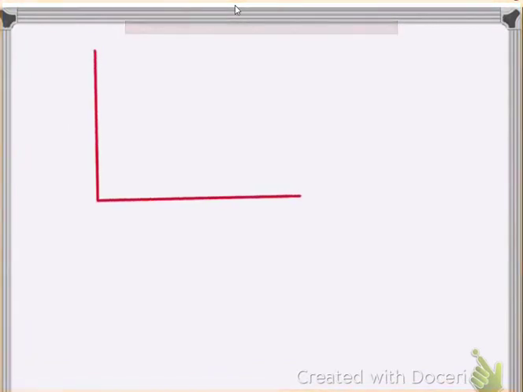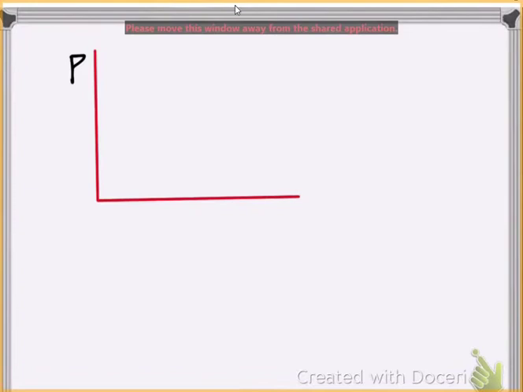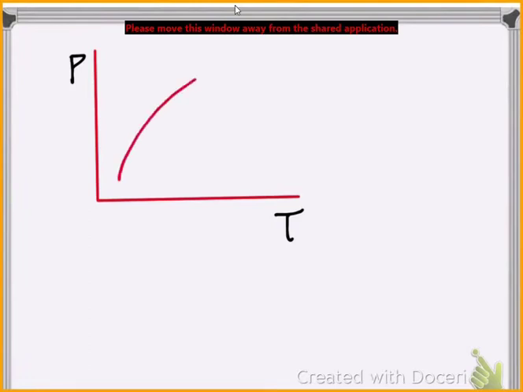So then our fourth graph is going to look like this. Again, we have position and time, and this time the graph will look like this.